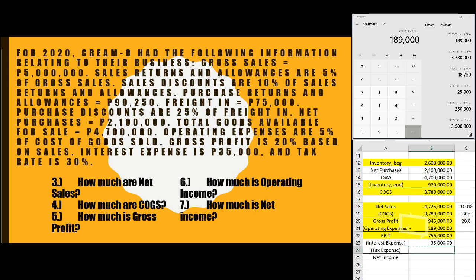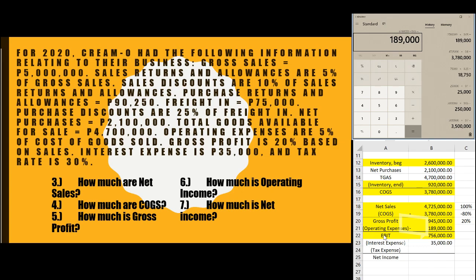Tax expense is, ang sabi, tax rate is 30%. Now, guys, remember that yung tax rate must always be based on earnings before tax. Kung mapapansin nyo dito sa given, this one is EBIT, which means earnings before interest and tax.